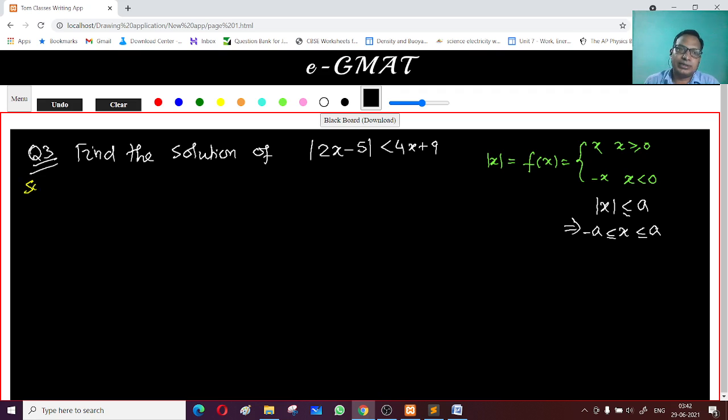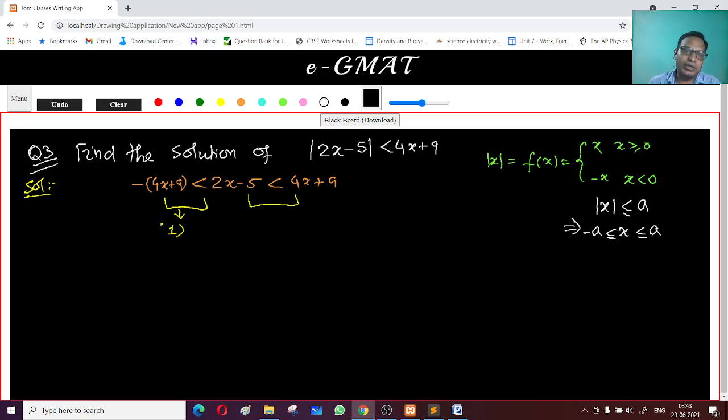I am going to borrow the solution for this particular problem. So the value of 2x minus 5 is going to lie between minus of 4x plus 9 and 4x plus 9, right? Now from this I will get one solution, and from this I will get another solution.